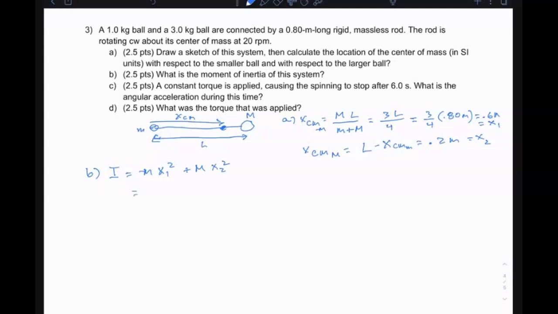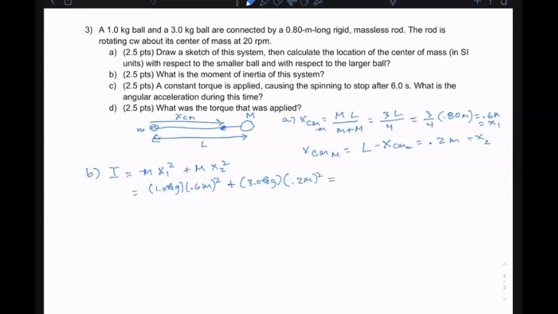So if we calculate this, this is equal to little m, which is 1.0 kilograms, times 0.6 meters squared, plus big M, which is 3.0 kilograms, times its location with respect to the center of mass, which is 0.2 meters squared.